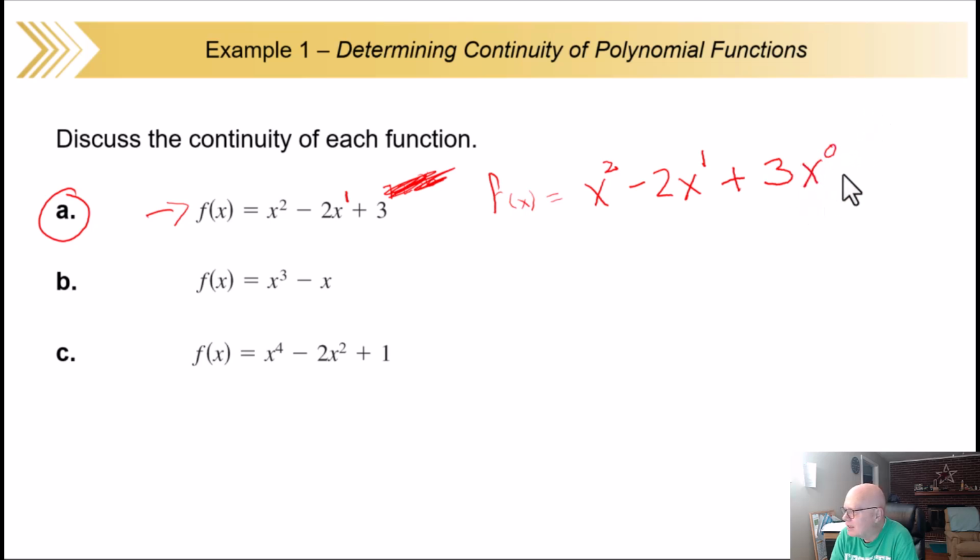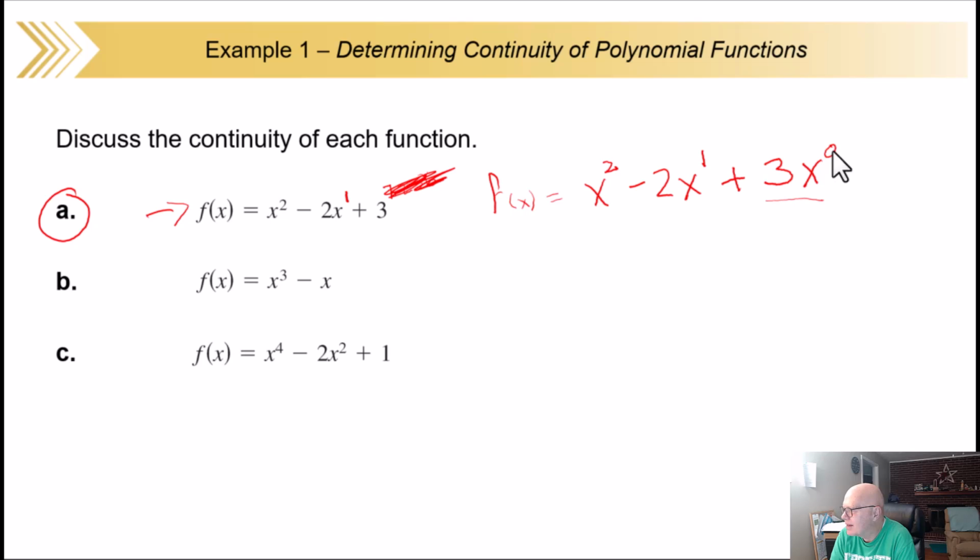But any non-zero number to the 0 power is 1. So it's 3 times 1, it's just 3. It's a fancy way of writing the number 3. That's all it is.